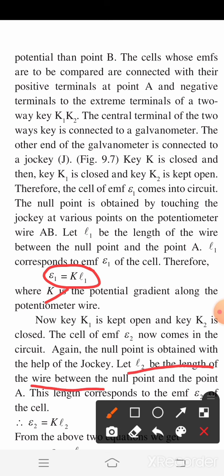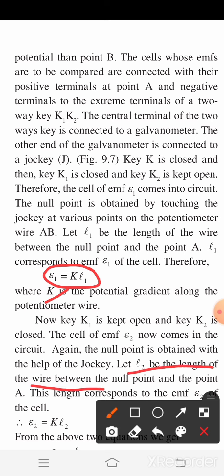This length corresponds to the EMF E2 of the cell, because E1 is out of the circuit and E2 is in the circuit. By the principle of potentiometer, E2 is equal to K L2, where K is the potential gradient.